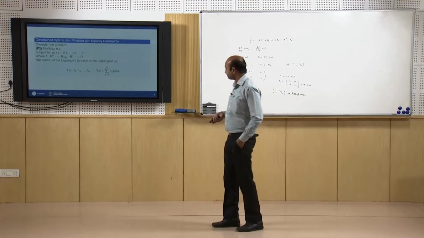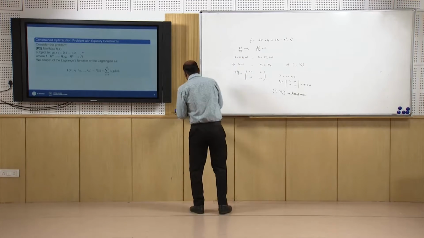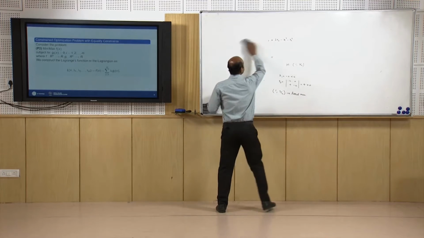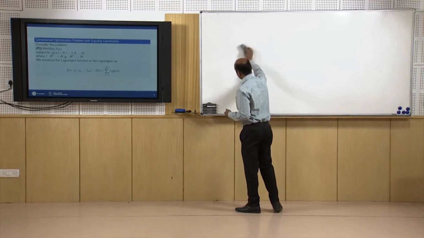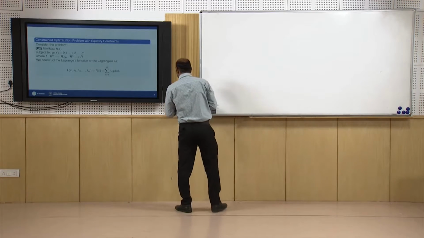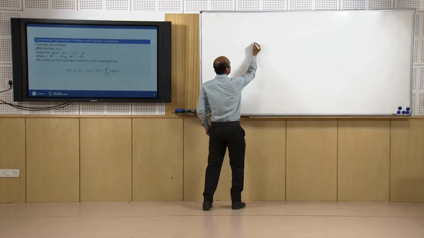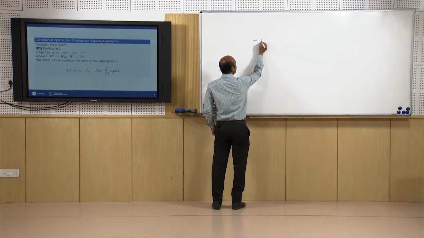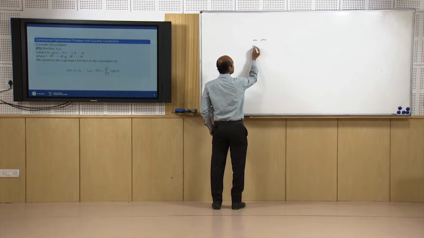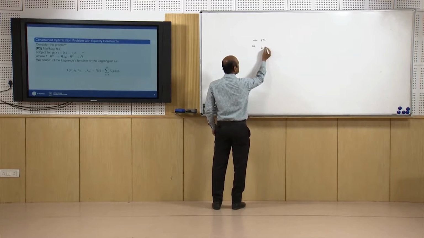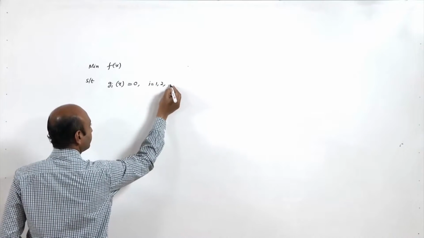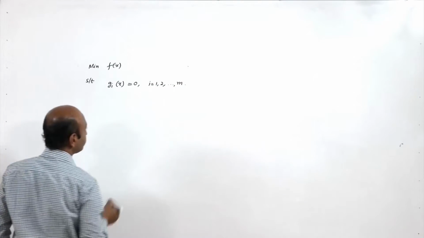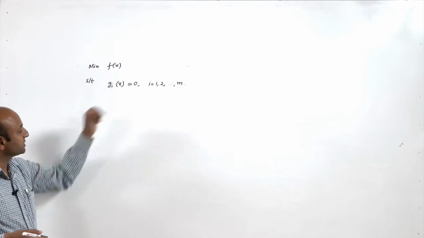So, let us see how to find it. Suppose we have the problem of minimizing f(x) subject to g_i(x) equal to 0, i from 1 to m. This is a constraint optimization problem with equality constraints.